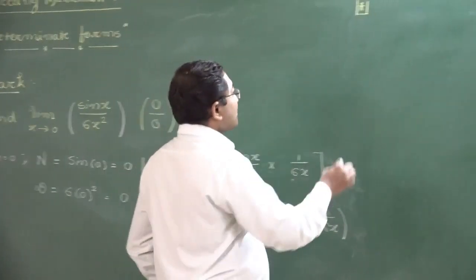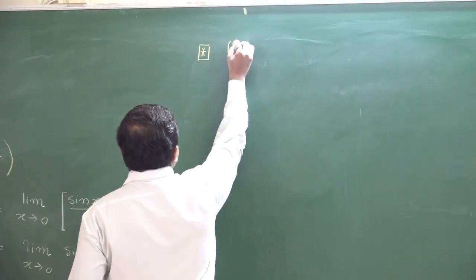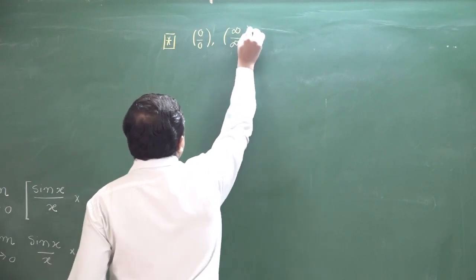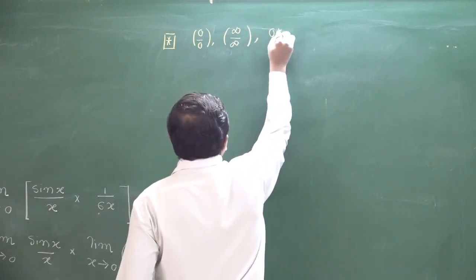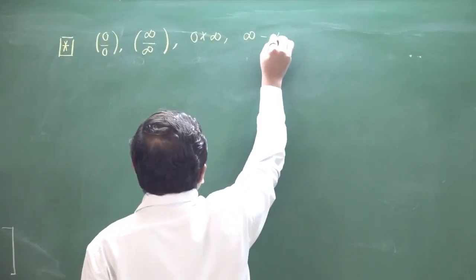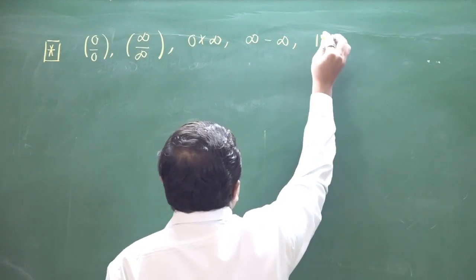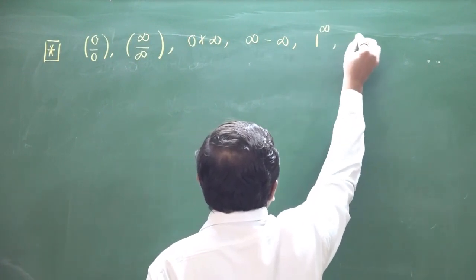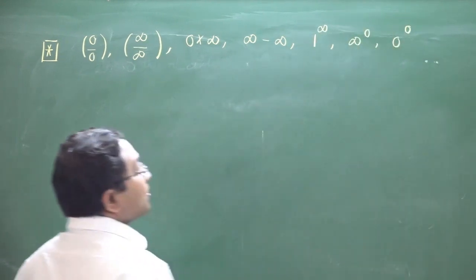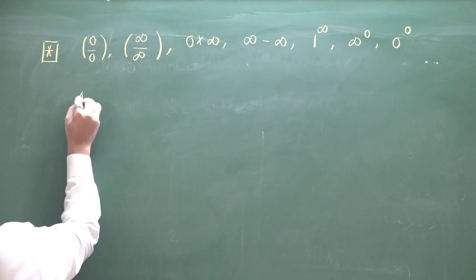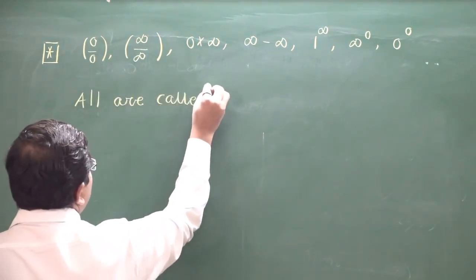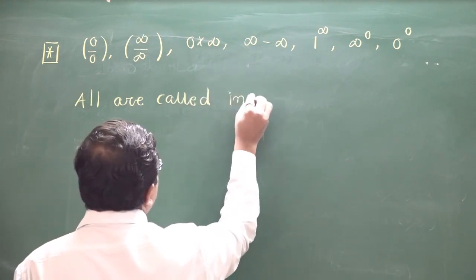So the forms 0 by 0, infinite by infinite, 0 cross infinite, infinite minus infinite, 1 raised to infinite, infinite raised to 0, and 0 to the power 0 are all called indeterminate forms.